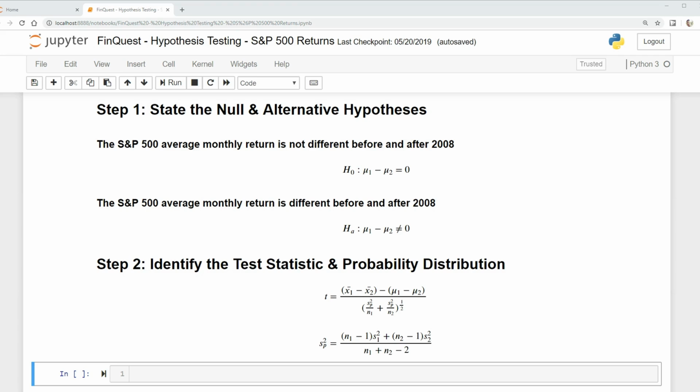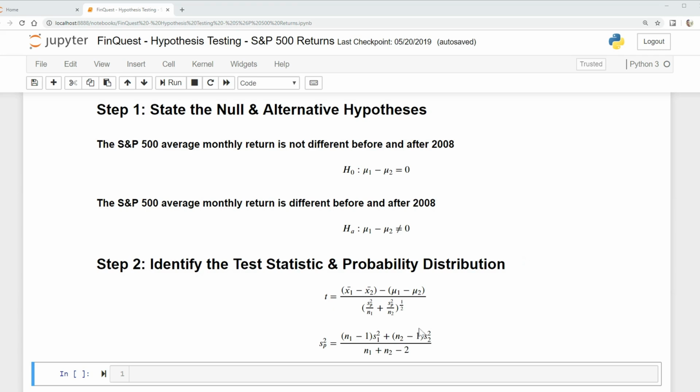And then we're seeing, is that difference different from our null hypothesis of 0? And we're going to say this whole term here is just going to be 0. And so the larger this numerator is, given this is constant, the larger the t-statistic is. And therefore the larger the t-statistic is, the more confident we can be that the mean returns before and after 2008 are statistically significant, meaning they're different.